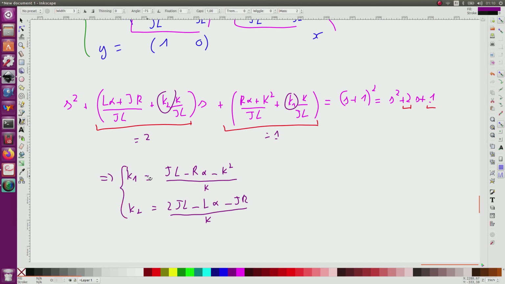Recall that the controller I wanted to find has the form HW minus K1 y minus K2 y dot, and I have the values for K1 and K2. Now it remains to get H.